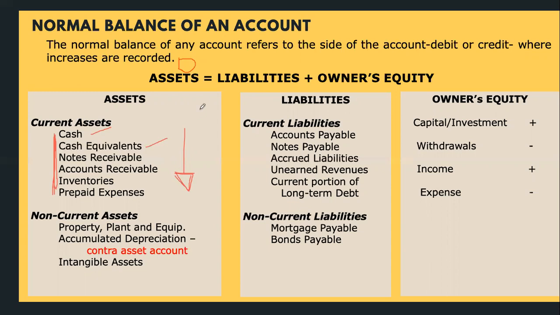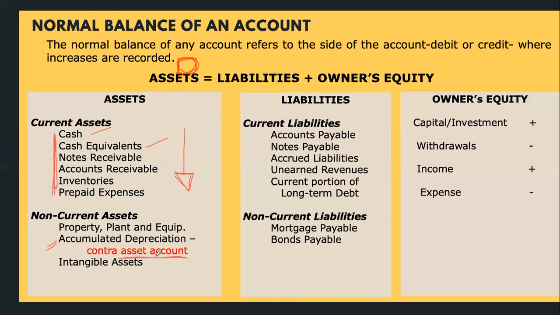So take note when we get to accumulated depreciation, as we said earlier, the normal balance of asset is debit. Every time you debit an asset account, it will increase its balance, and every time we credit an asset account, it will decrease its balance. But accumulated depreciation is part of your asset, since it's a contra asset account.